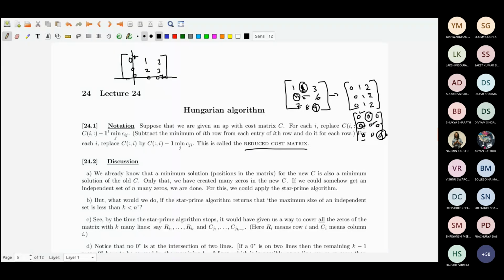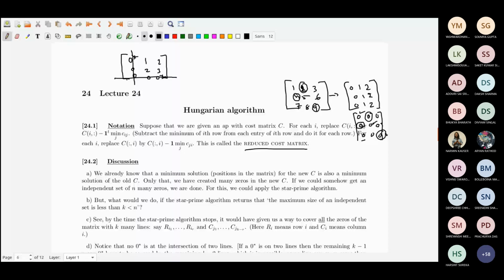So then comes the Hungarian algorithm. So this is the original algorithm. The Hungarian algorithm says that now what you do is, cover them by the minimum number of lines. So do the covering. In this example, we have done the covering.